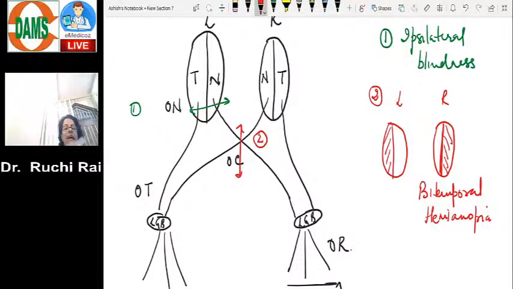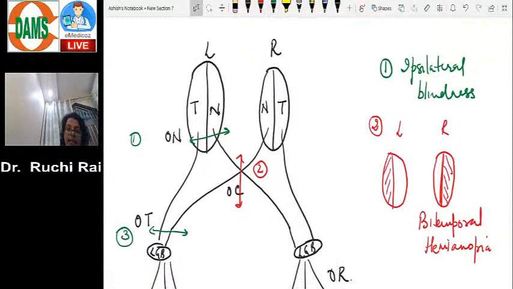Next we come to the tract. Now when I talk about the tract, it is so clearly given in the diagram: one eye's temporal and one eye's nasal. I told you we will be taking the left-sided lesion. So if I tell you left-sided optic tract lesion is the number 3 lesion, what you can see is that left side temporal fibers are gone, but right eye's nasal fibers are gone.